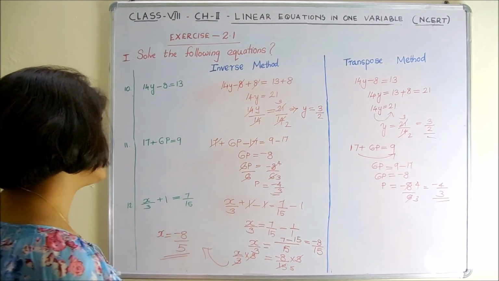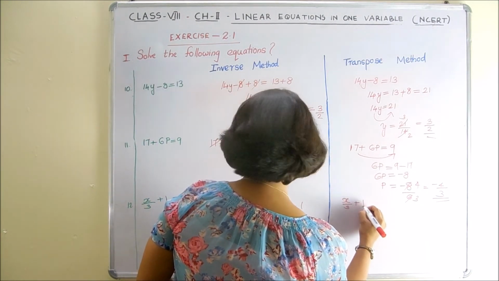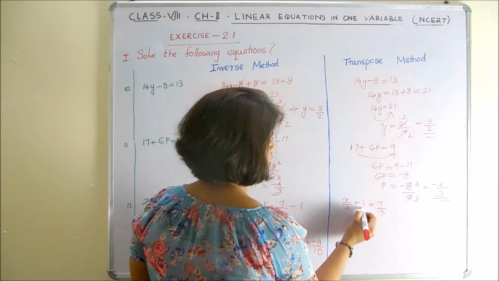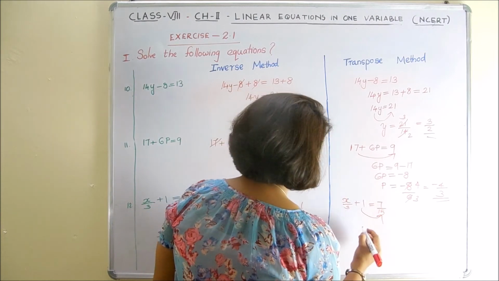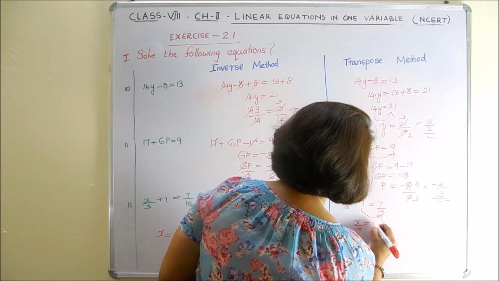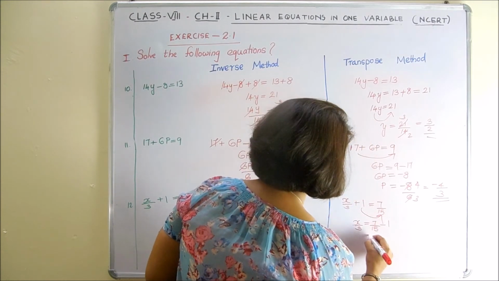And in transpose method, what will come? x by 3 plus 1 equal to 7 by 15. We can transpose this 1 into RHS by subtracting it, then it will come x by 3 equal to 7 by 15 minus 1.